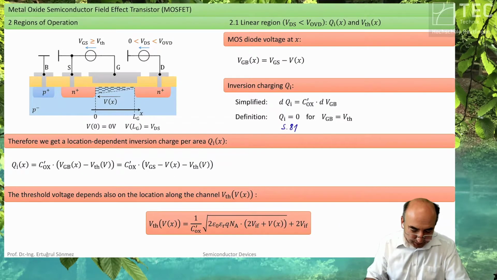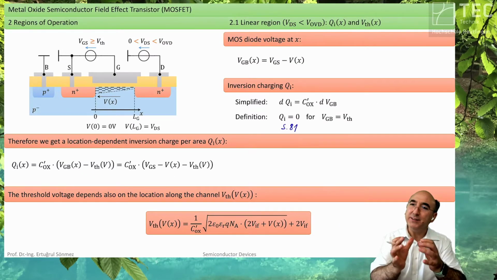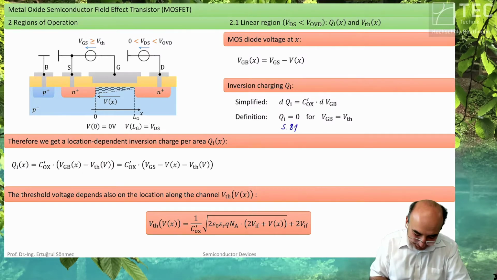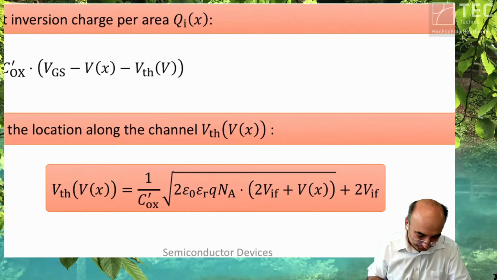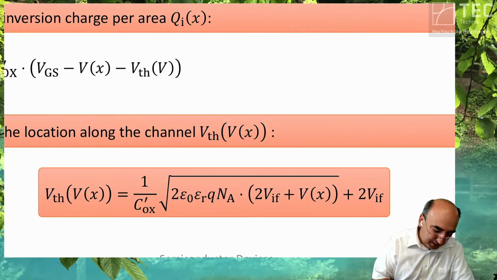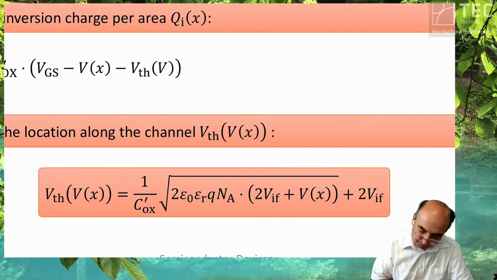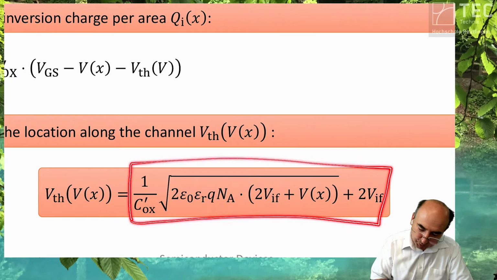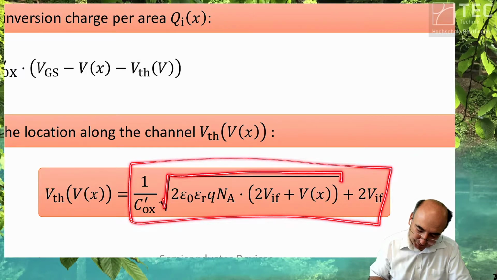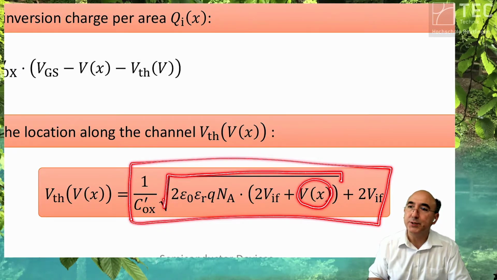If we put it together and mix and pour out, we get a threshold voltage which is a function of the location, and a threshold voltage where under the square root we have this voltage as a function of the location.